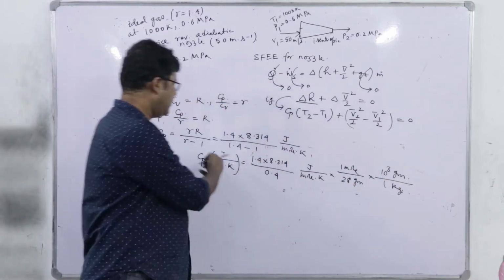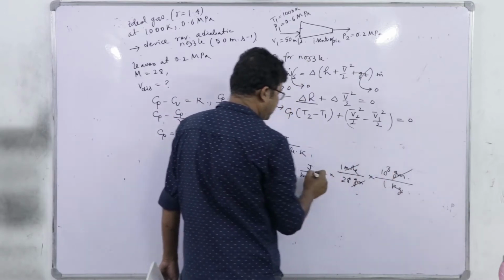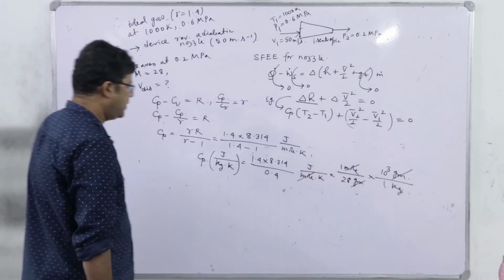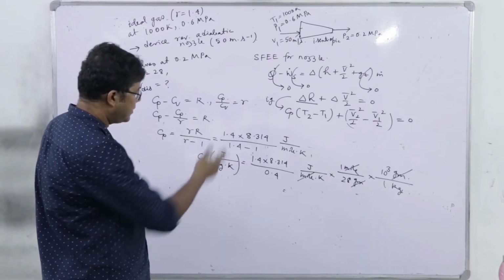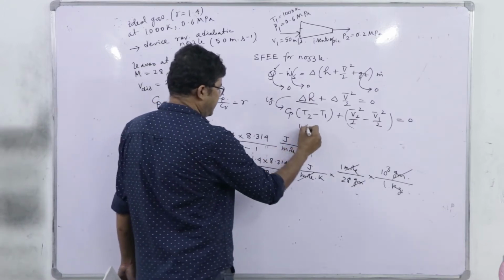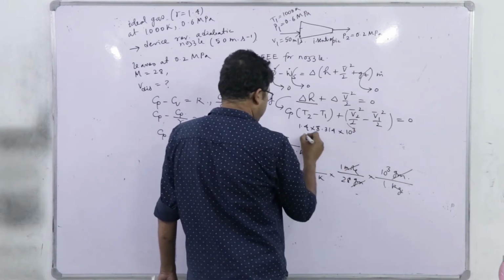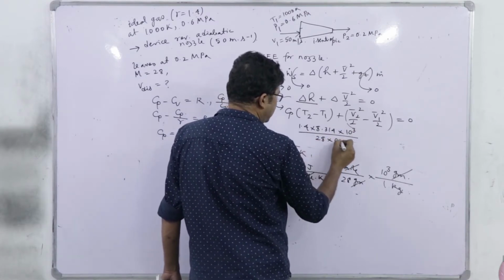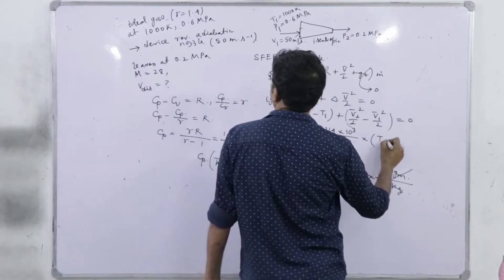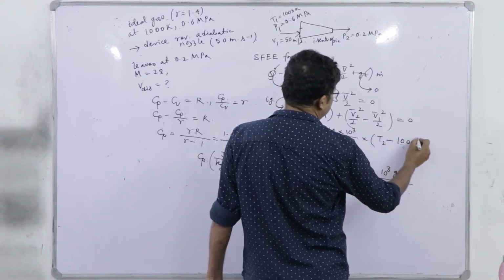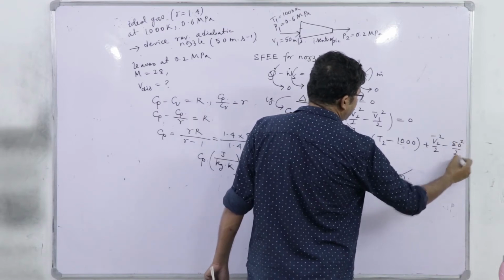So, cancelling out, the gram cancels out, mole cancels out, so joule per kg per Kelvin, it will give you the Cp value. So, that is to be substituted there. So, 1.4 into 8.314 into 10 to the power 3 divided by 28 into 0.4, into T2 minus T1, which is 1000, plus (V2 bar square minus 50 square) by 2 equal to 0.